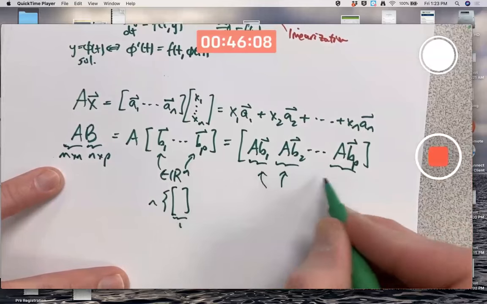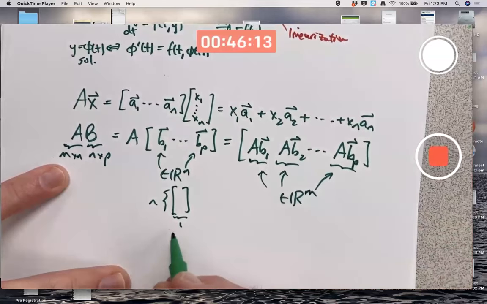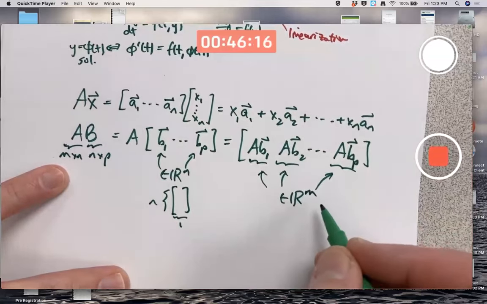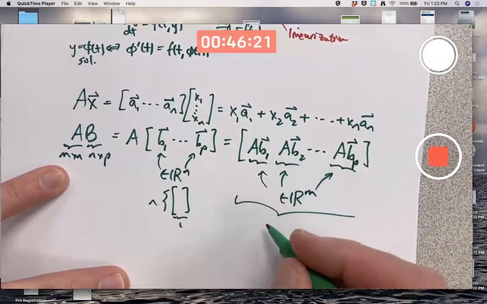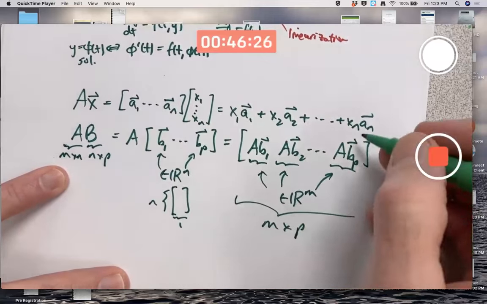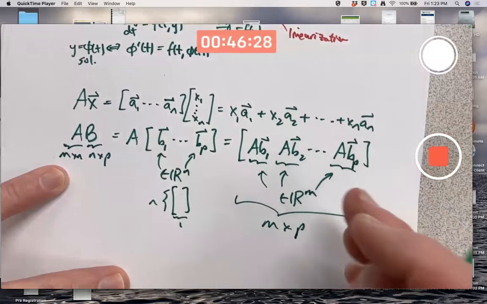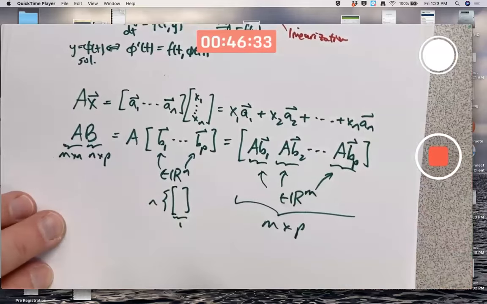These are all in Rm. An m by n matrix times an n by 1 vector gives m by 1 vectors. And the final answer here is an m by p matrix: m rows, since these vectors all have m entries, and p columns. The reason you multiply matrices this way is so that it corresponds to function composition when you think about the corresponding linear transformations. That's the reason why this is a good idea. I won't show you the details.